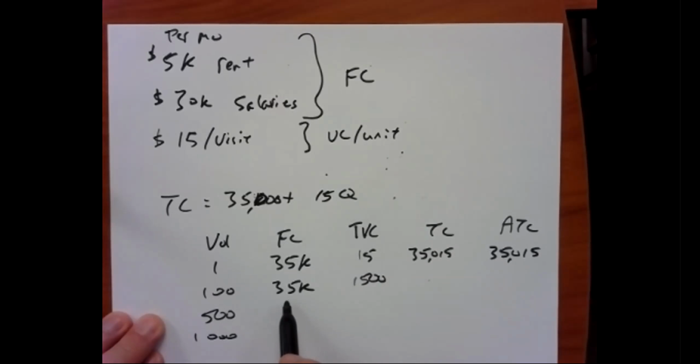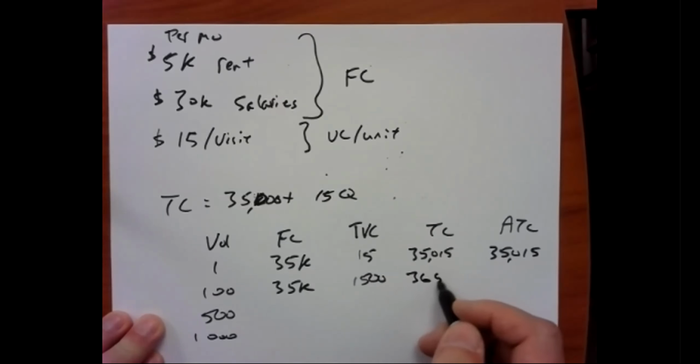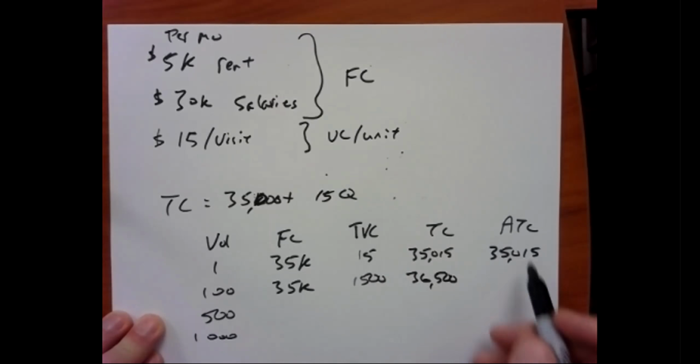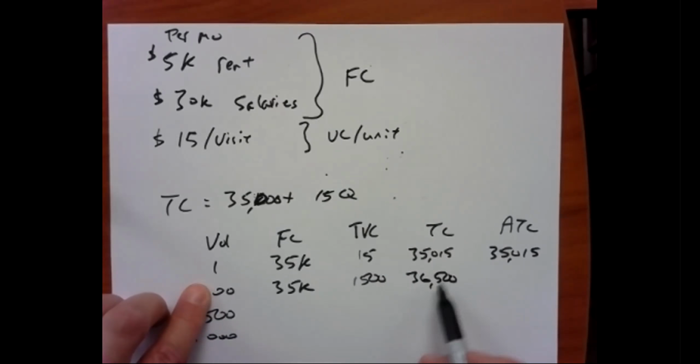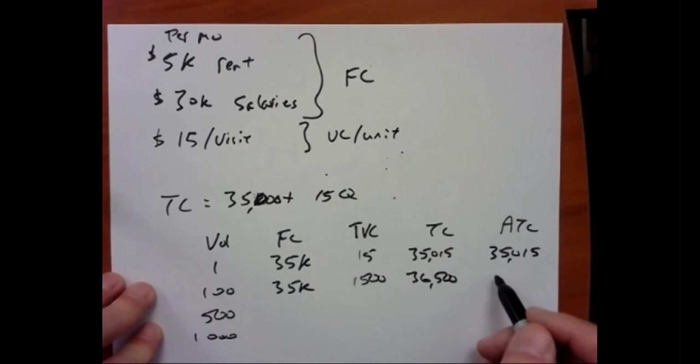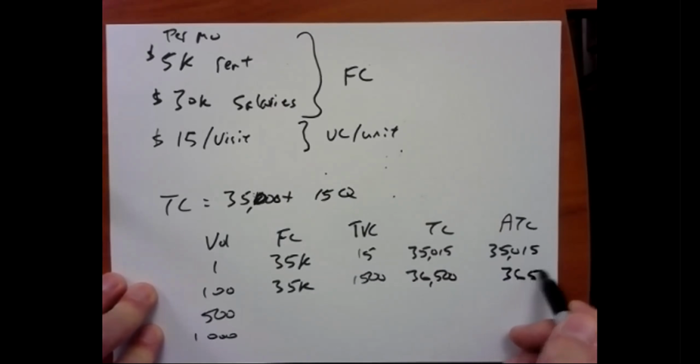Total cost is 35,000 plus 1,500, 36,500. Average total cost is 36,500 divided by 100. Well, if you divide by 100, you can just take off 2 zeros. That's a cute trick I learned a long time ago. So you get 365.